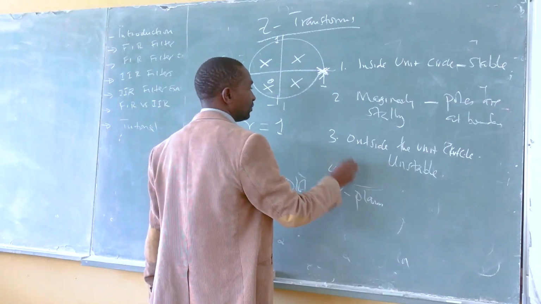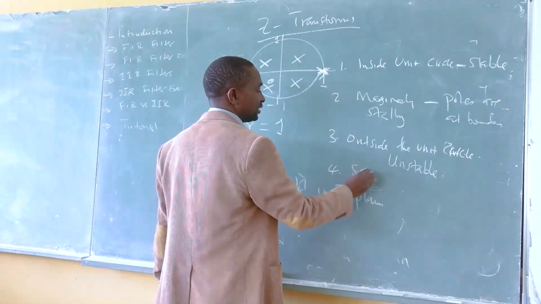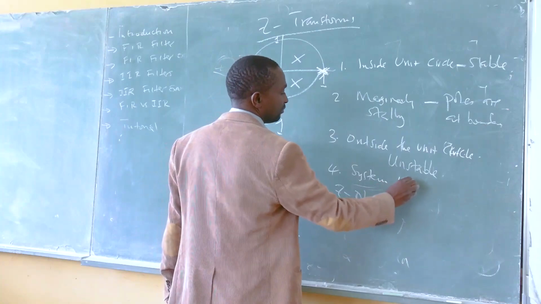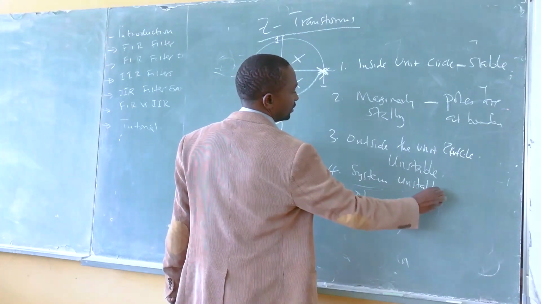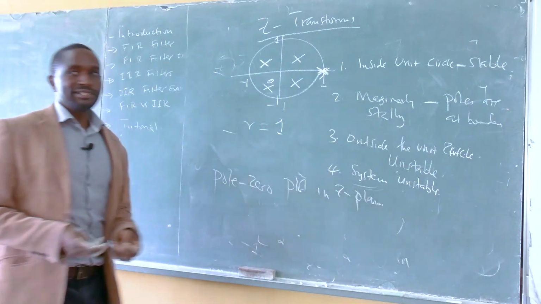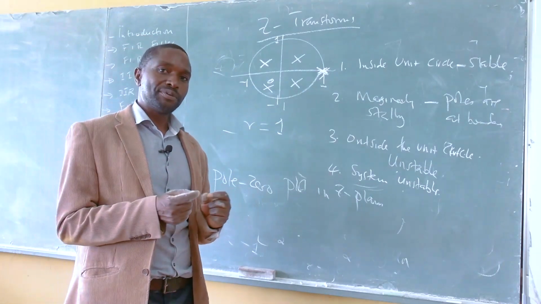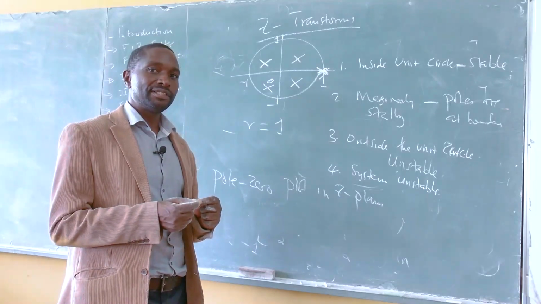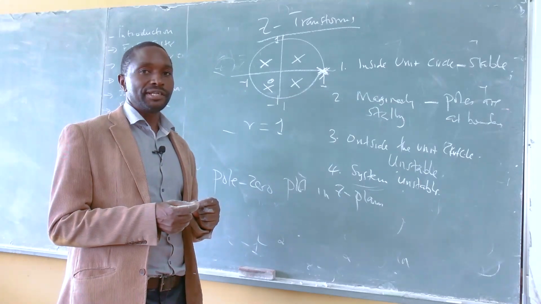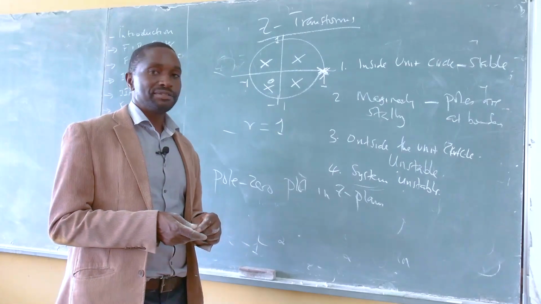When that happens, we still say the system is unstable as well. So for the system to be unstable, either the poles are outside the unit circle, or you have 2 poles appearing at the same point on the boundary of the unit circle.